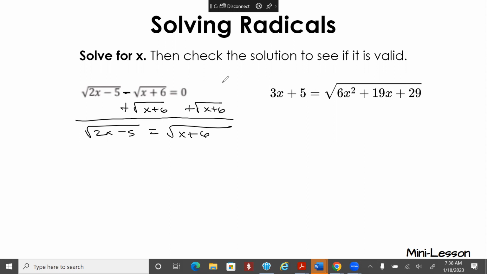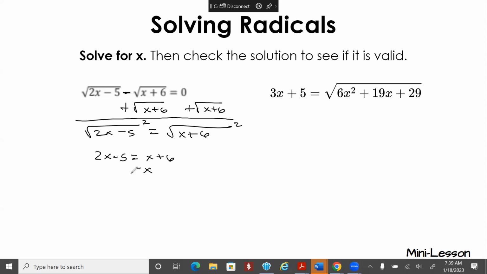Now we've got radical equals another radical. So you can drop the radicals by squaring both sides. And that's going to give us 2x minus 5 equals x plus 6. So we essentially squared both sides and got this. Now we're just going to solve like we normally do by moving your x's to one side, numbers to the other.